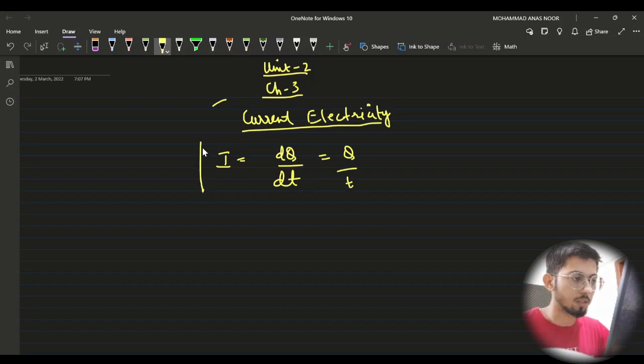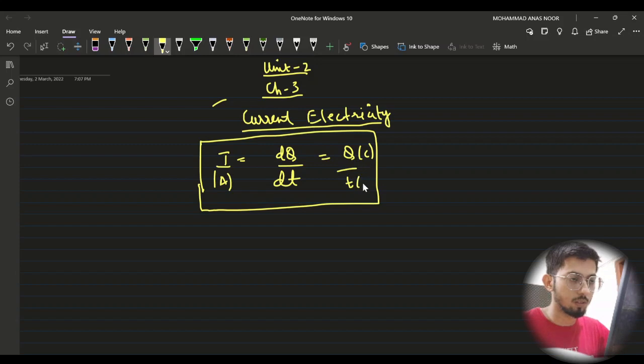This is measured in amperes. This is coulombs, this is second. Ampere is basically coulombs per second.